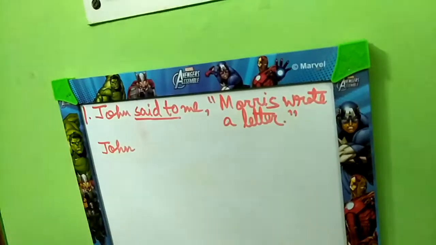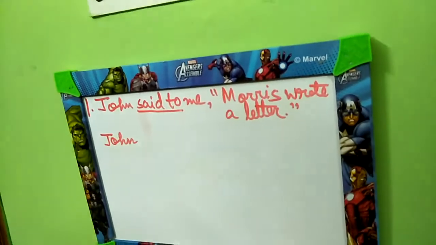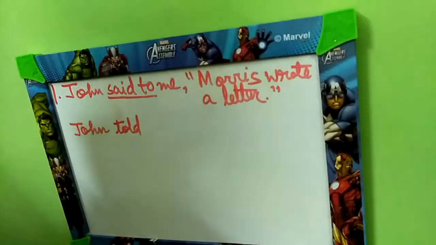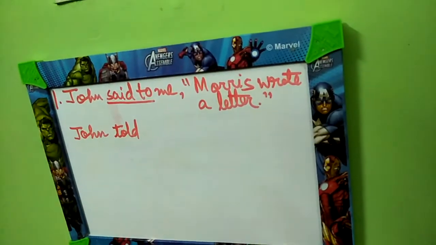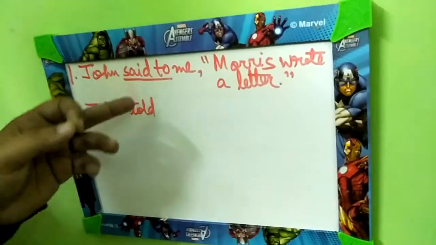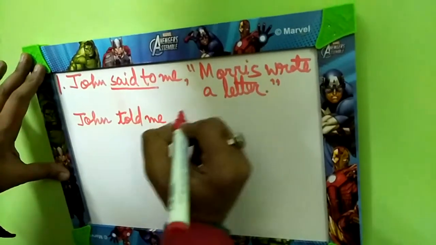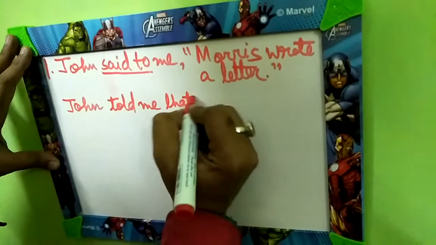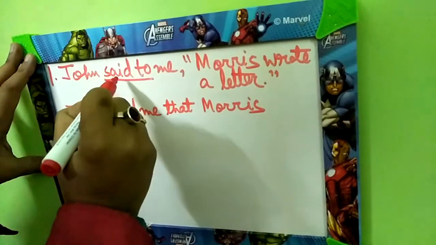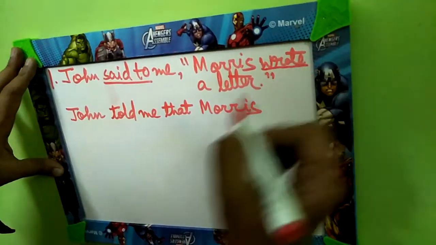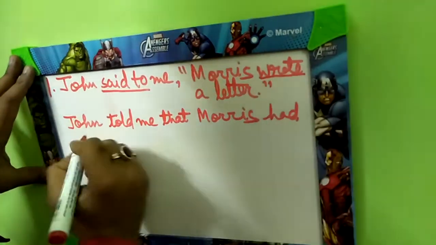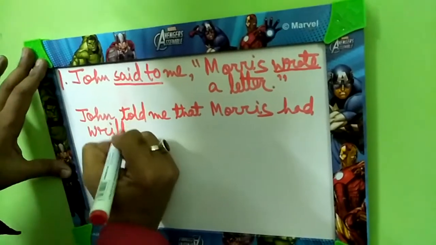We can't use said to in answer when we are changing a sentence from direct speech to indirect speech. Said to will be replaced by told. So remember students, whenever there is said to in the question, you can't write said to in answer. In answer you have to write told. So John said to will be replaced by told, then me, remove the inverted comma, you put that, then Morris, outside verb is said, which is past tense, inside verb is wrote, which is a simple past. So past and simple past becomes past perfect when we write down the answer.